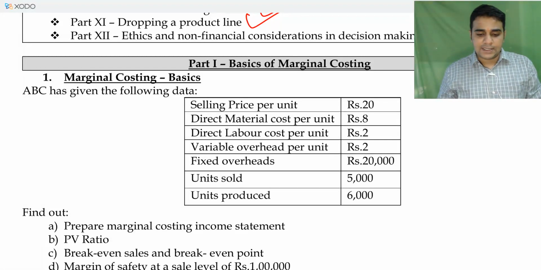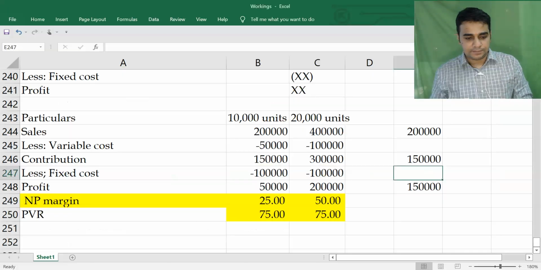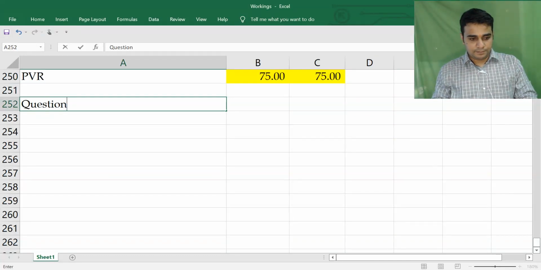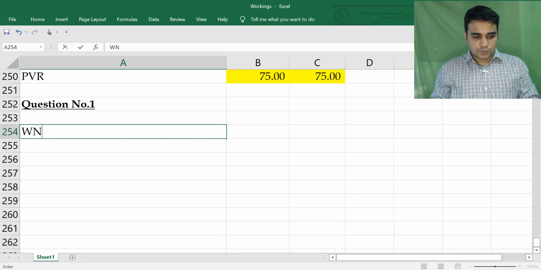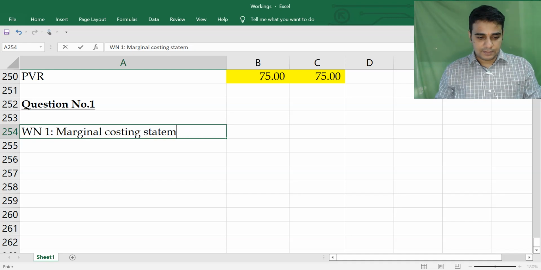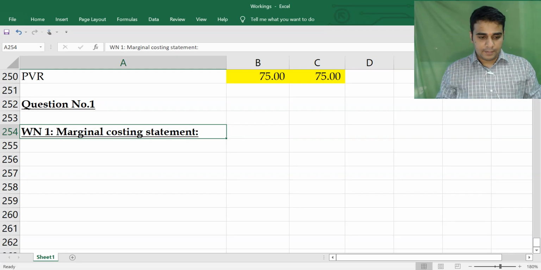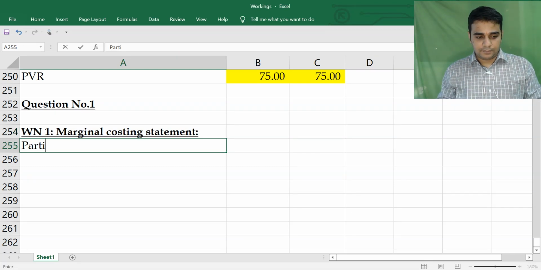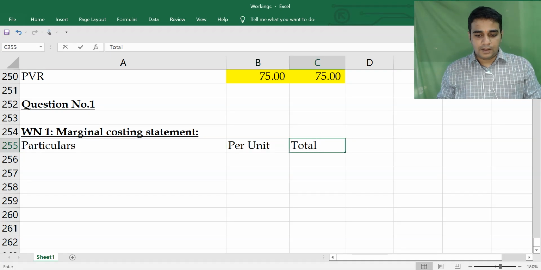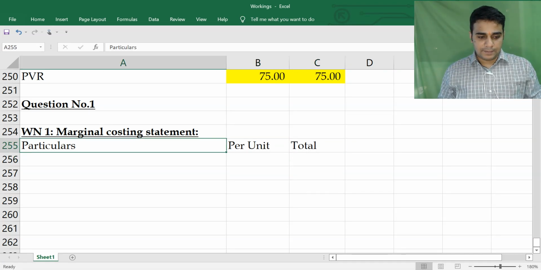Okay, let's prepare a marginal costing income statement. Question 1, working note 1, marginal costing statement.